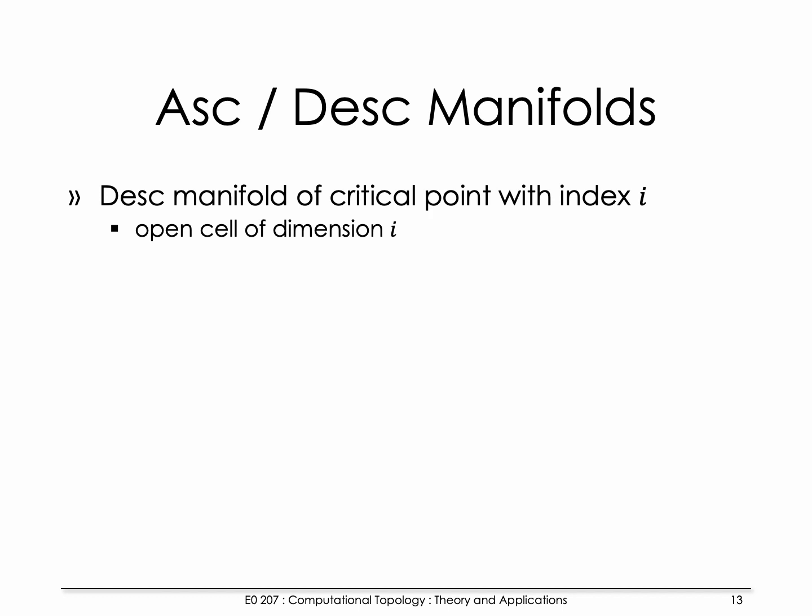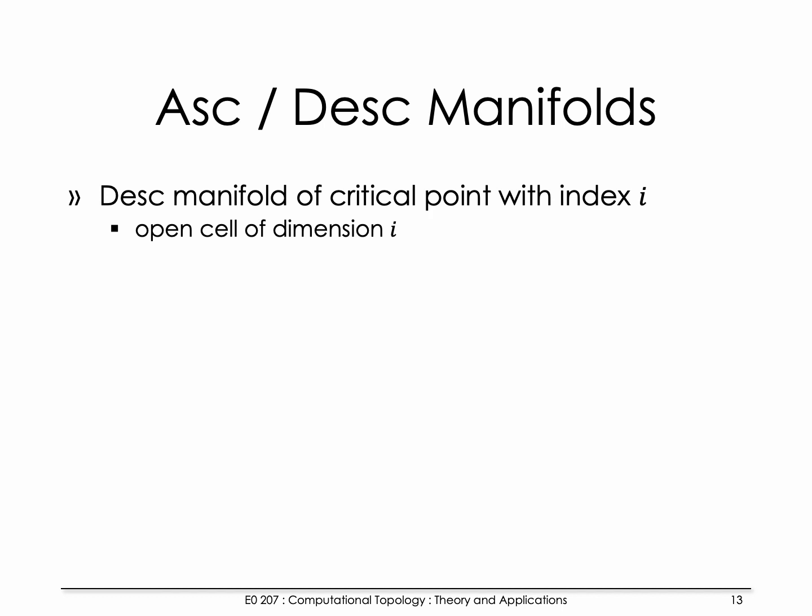So this is a manifold because it is open, there is no boundary, so all the points have a local neighborhood that looks like R^i, right? So that's why I call this descending manifold an open cell of dimension i.